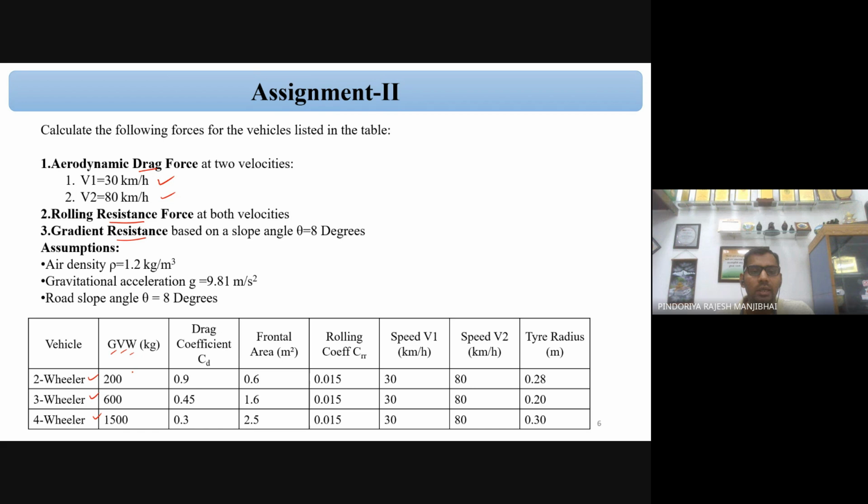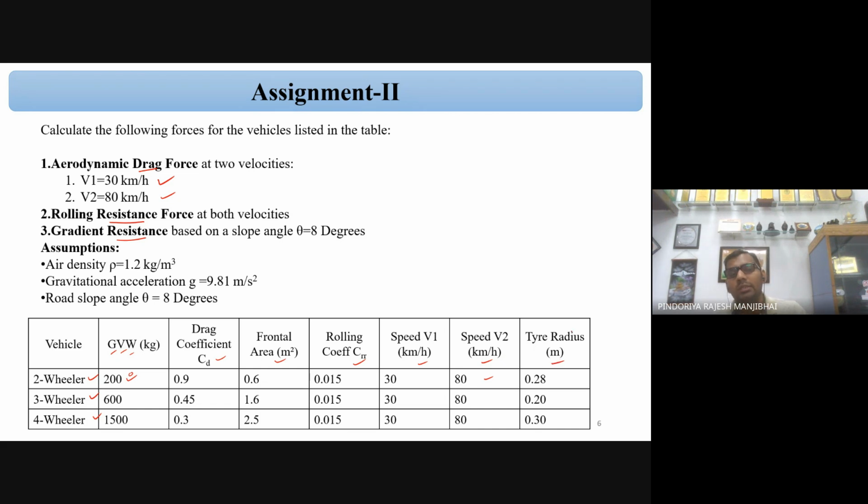Suppose 150 kilograms is the two-wheeler weight and 50 kilograms is the driver weight, then the overall total weight of the vehicle is the gross vehicle weight, in kilograms. The drag coefficient Cd is given, the frontal area is given, the rolling coefficient is also given, the first speed of 30 kilometers per hour and the second speed of 80 kilometers per hour are given, and the tire radius is also given.